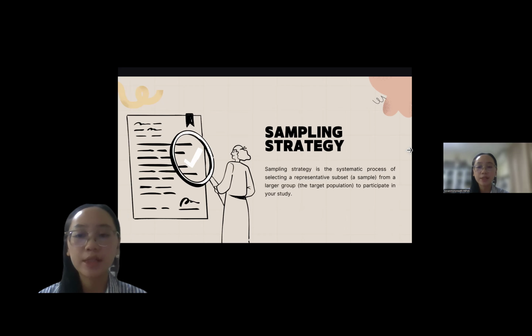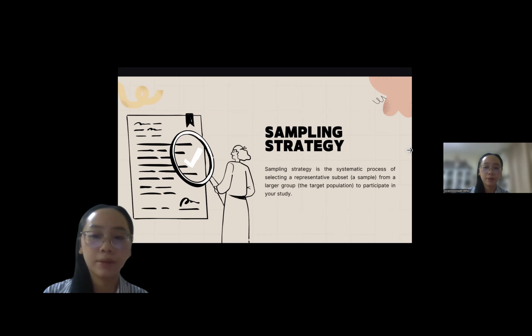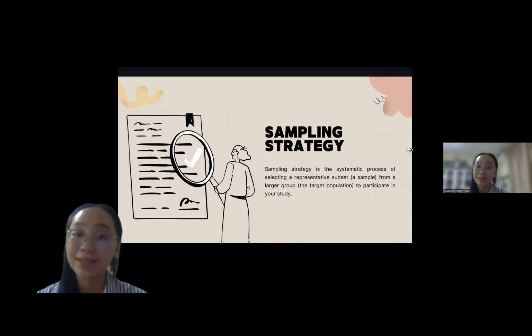The sampling strategy is the systematic process of selecting a representative subset, or sample, from a larger group, the target population, to participate in your study.